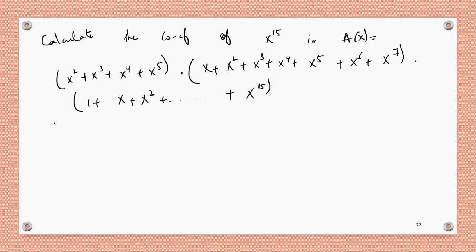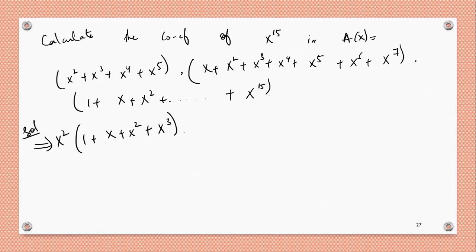Now for this, what are we supposed to do first is take x square common from this so that we get it in the form of 1 plus x plus x square and so on. From this also we can take x common, so again we get the first term as 1. So let's solve it. Solution. If I take x square common, this will become 1 plus x plus x square plus x cube.